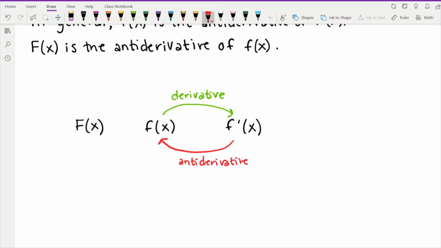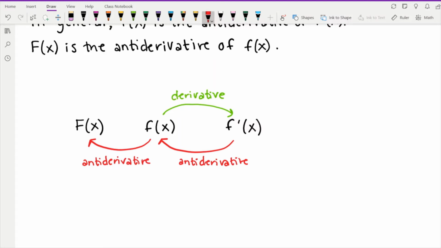So sometimes, instead of being given f prime of x as the derivative, you're given just f of x. You're told f of x is equal to this, find its antiderivative. And so how do you express the antiderivative of f of x? Well, you just use a capital F. And so if you're taking the antiderivative of little f of x, you use a capital F. And if you're a little confused about what's going on with this notation, I think throughout this video we'll see plenty of examples and it will become clear.